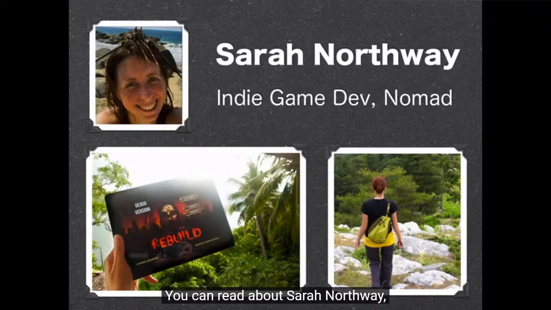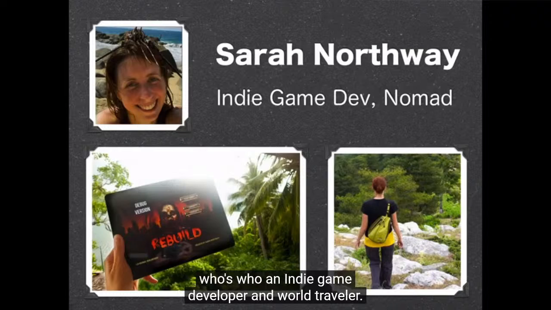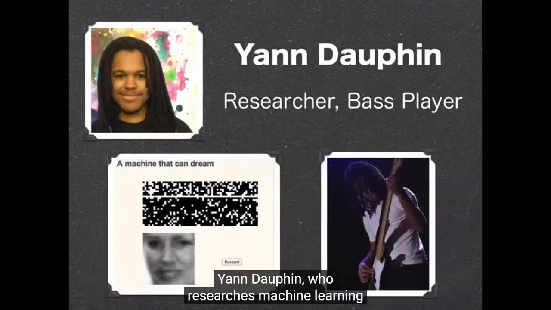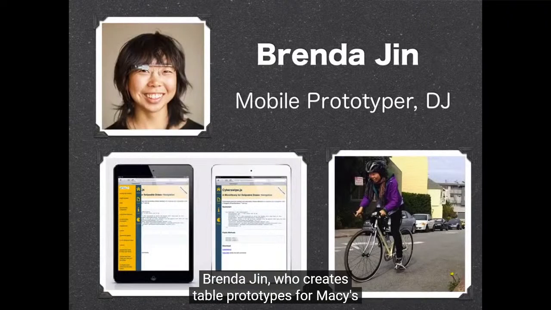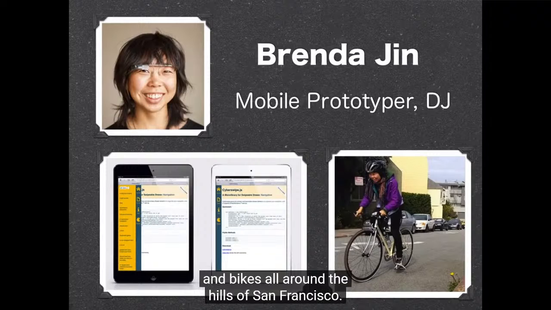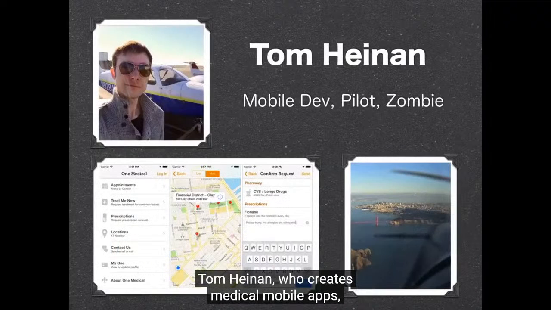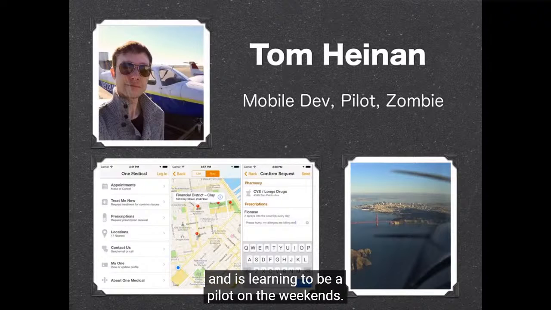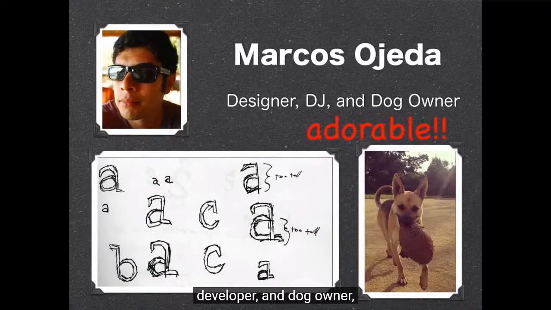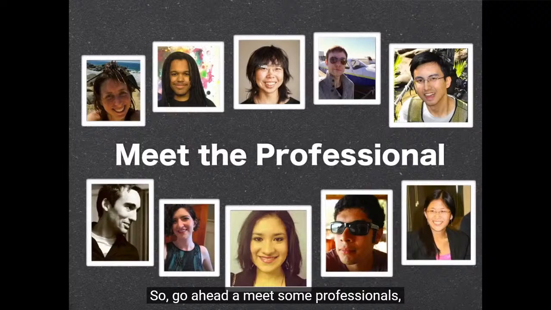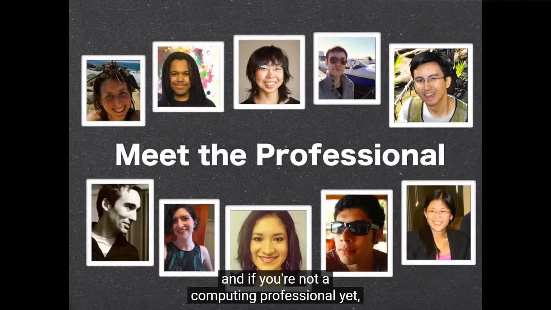You could read about Sarah Northway, who's an indie game developer and world traveler, Jan Daphine, who researches machine learning and plays bass guitar, Brenda Jin, who creates tablet prototypes for Macy's and bikes all around the hills of San Francisco, Tom Haynen, who creates medical mobile apps and is learning to be a pilot on the weekends, Marcos Ojeda, a Khan Academy designer, developer, and dog owner, and a bunch more. So go ahead, meet some professionals, and if you're not a computing professional yet, think about it. It could be a whole lot of fun.